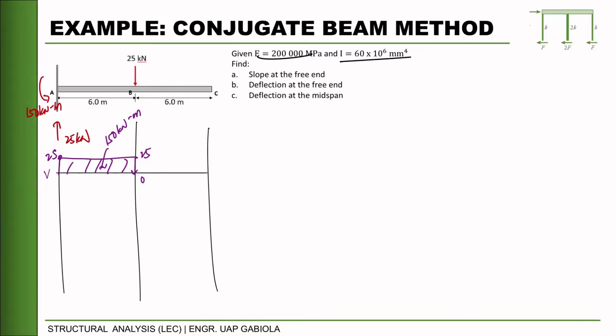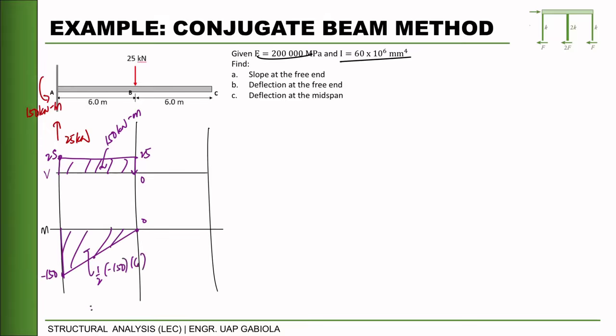And then for moment, we will be moving downward first for negative 150 counterclockwise, and then plus the area of the shear diagram. So it will be 0, and this will be a linear shape. So area of this is 1/2 negative 150 times 6.